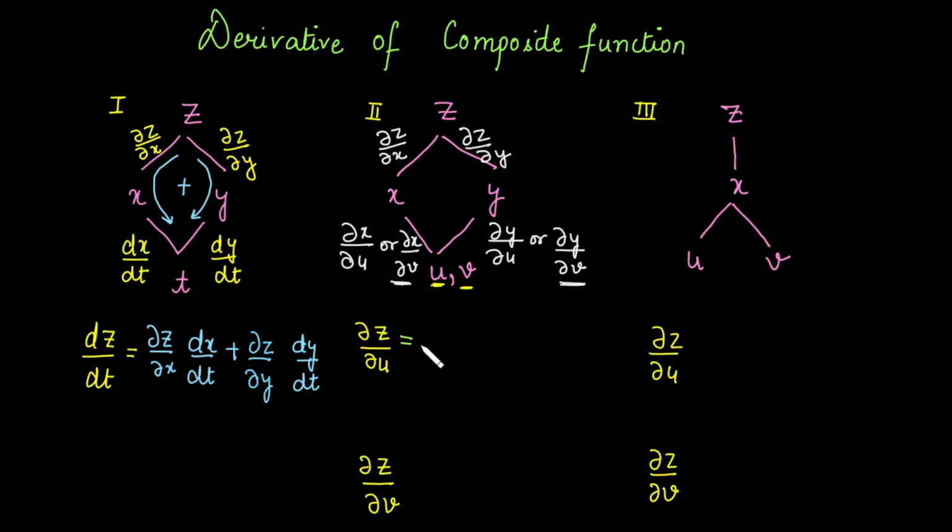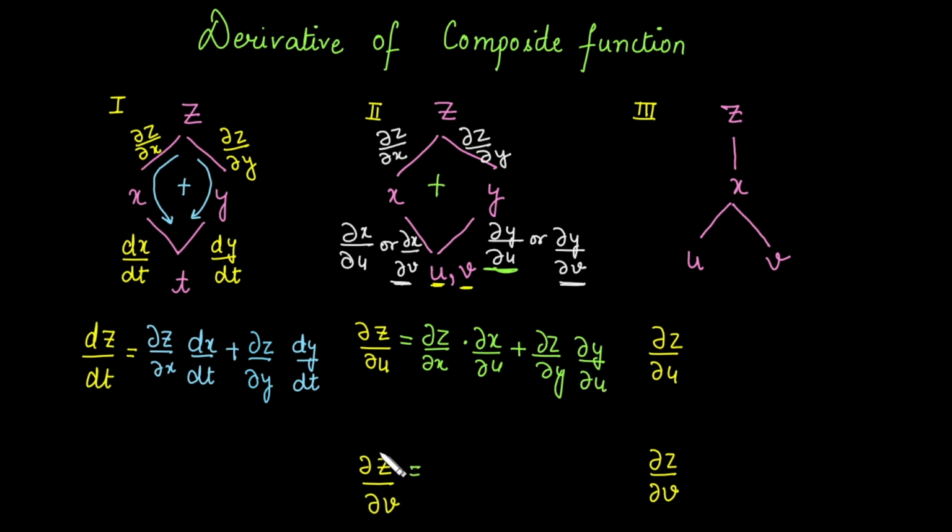In this case, the chain rule is the partial derivative of z with respect to x into the partial derivative of x with respect to u, plus on this side the partial derivative of z with respect to y, then y with respect to u.